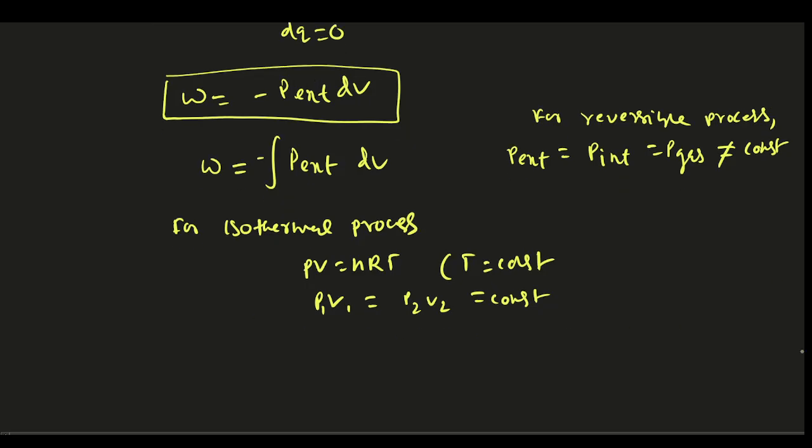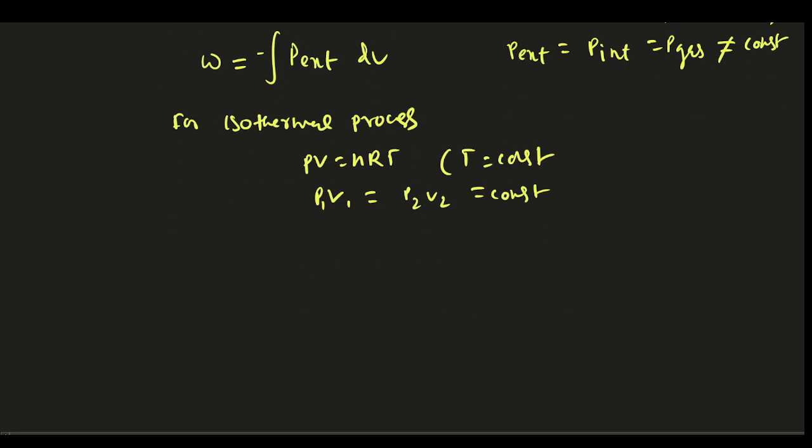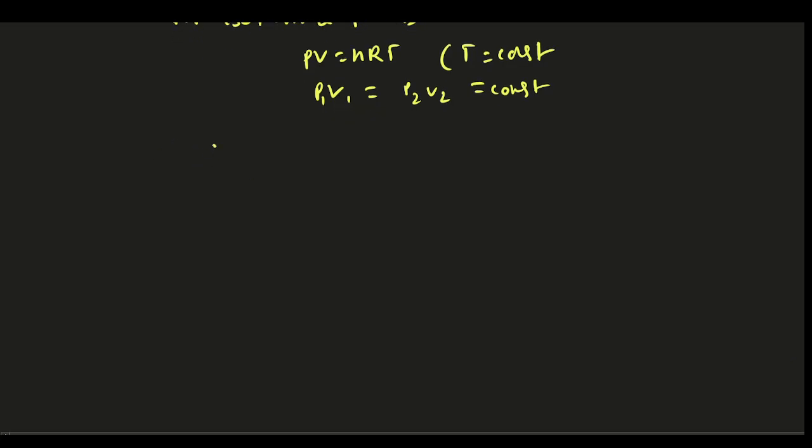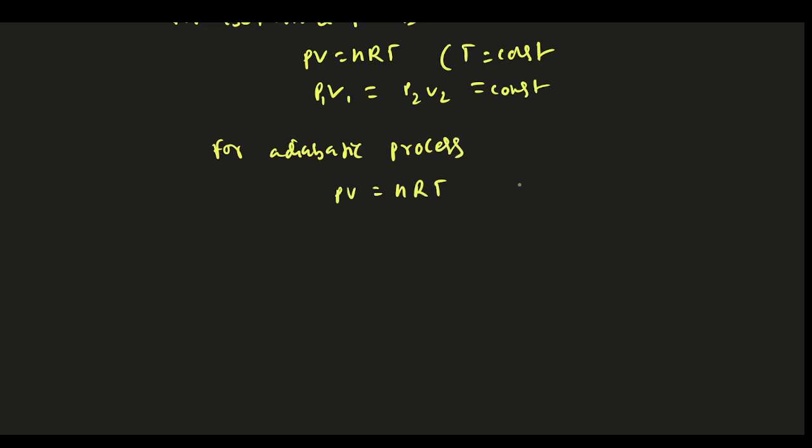But for the adiabatic process, the problem arises with PV equals nRT. If I apply the ideal gas equation, all these terms P, V and T are changing, whereas for isothermal T was constant, so nRT was constant and P1V1 equals P2V2 equals constant.